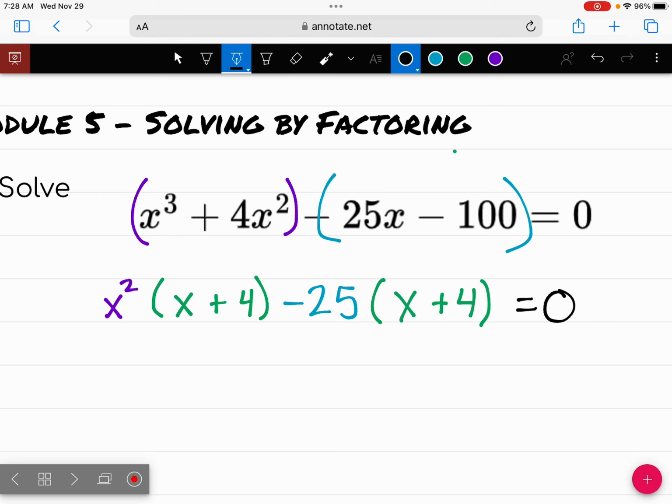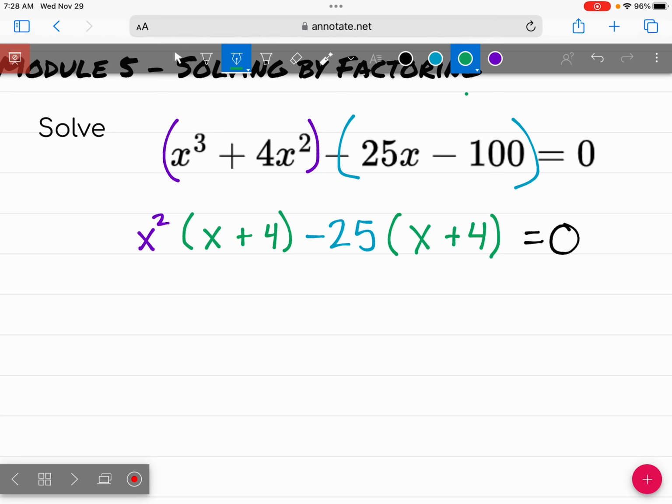So we're going to pull that x plus 4 out like it is a GCF. X plus 4. And what's left over gets its own set, where we have our x squared minus 25.